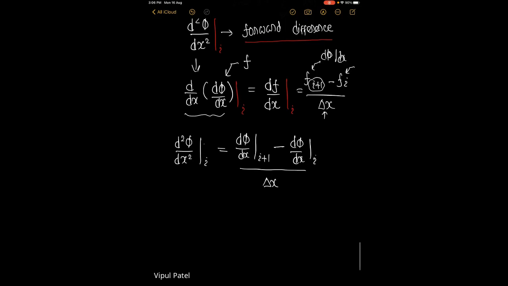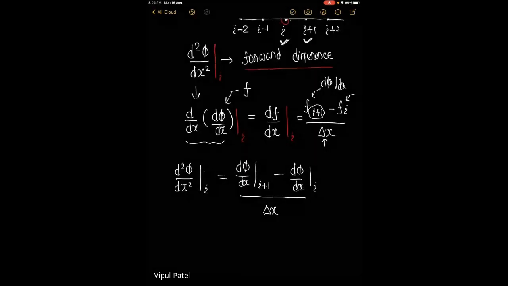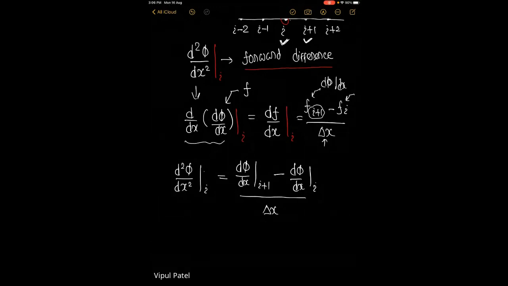What we did so far is express d square phi by dx square in terms of d by dx into d phi by dx. Then, for the sake of simplicity, we considered d phi by dx as some variable f, so that you can write this term as df by dx.